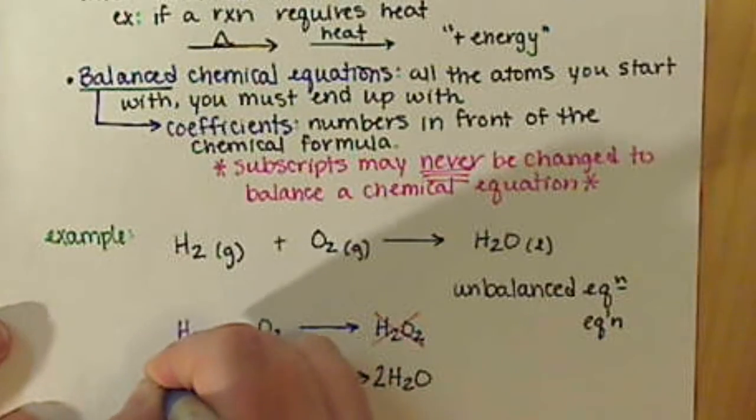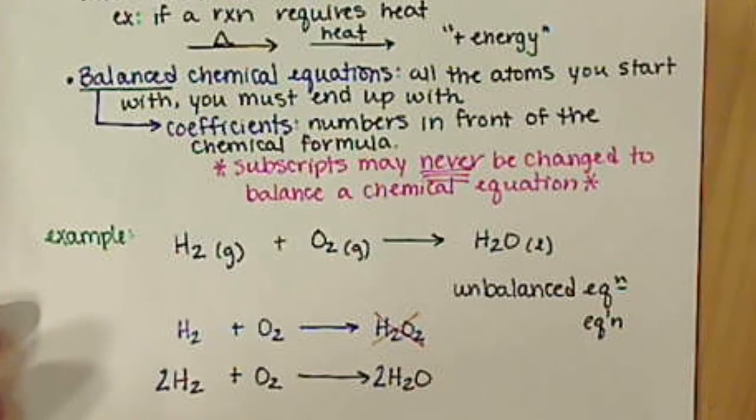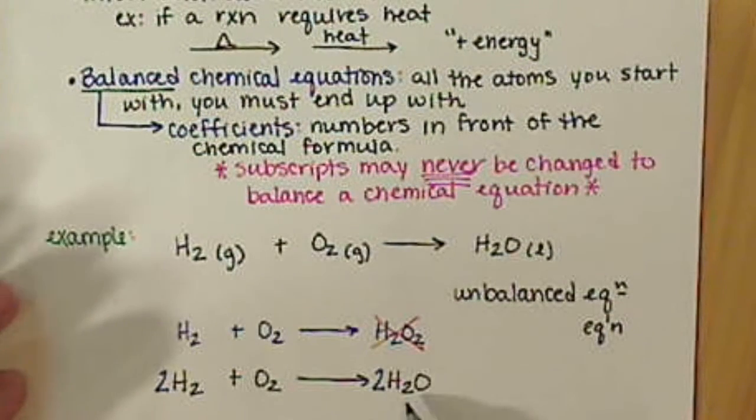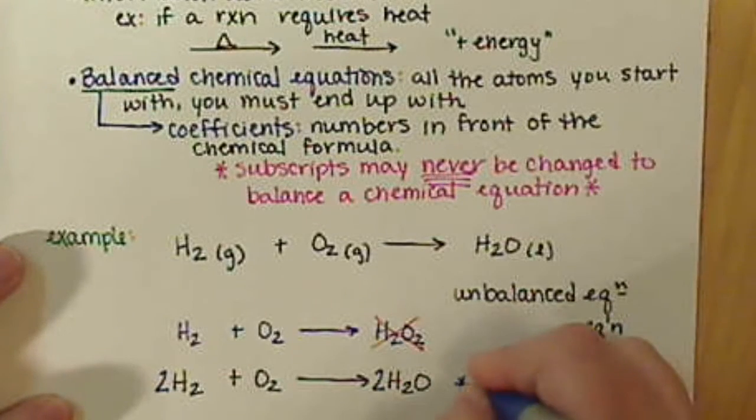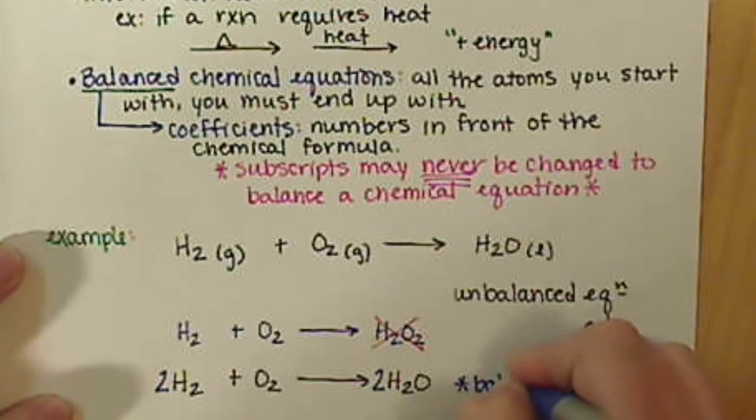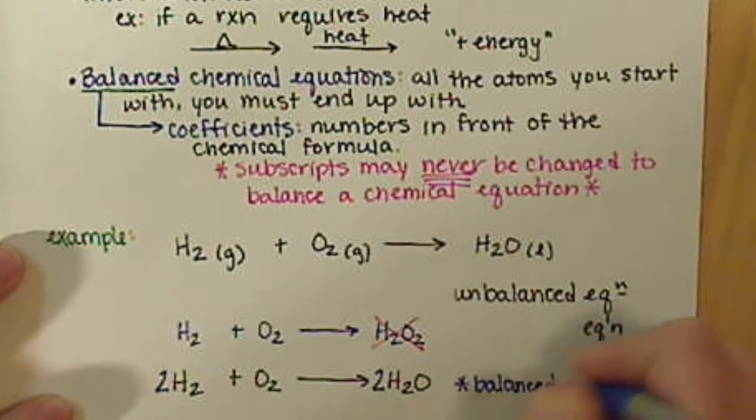So to balance that out, we put a 2 out in front. Now we have 4 total hydrogen atoms, 2 oxygen atoms. We're going to end up with 4 hydrogen atoms and 2 oxygen atoms. Now, this is a balanced chemical equation.